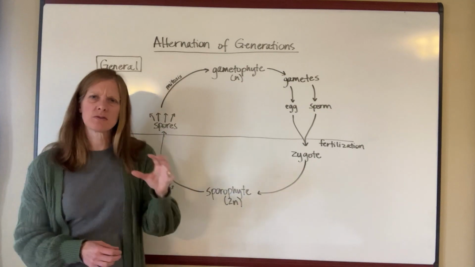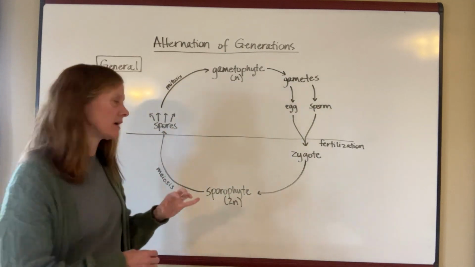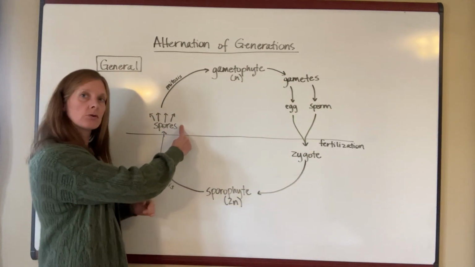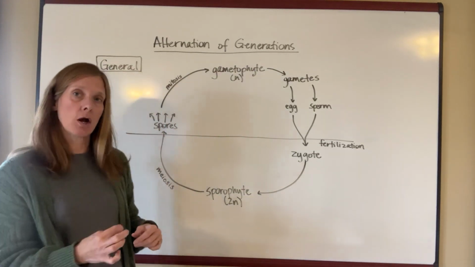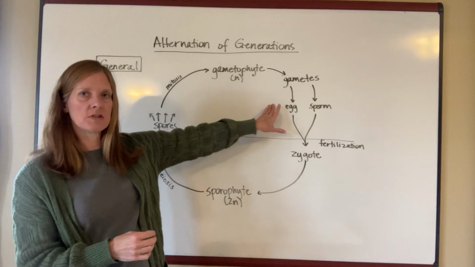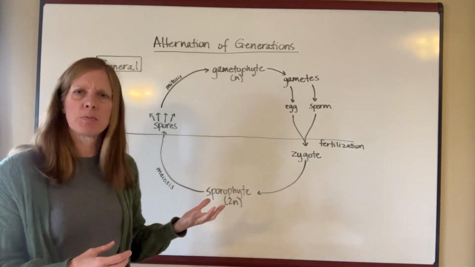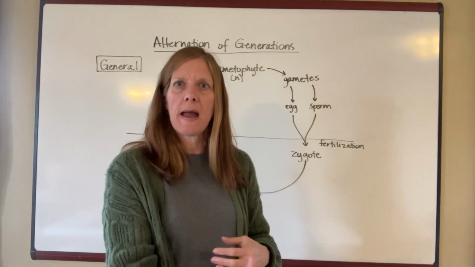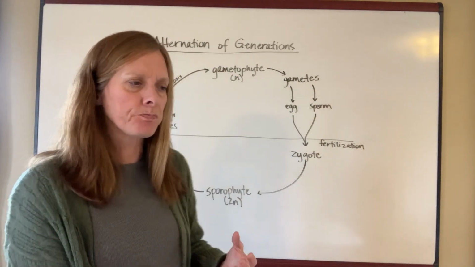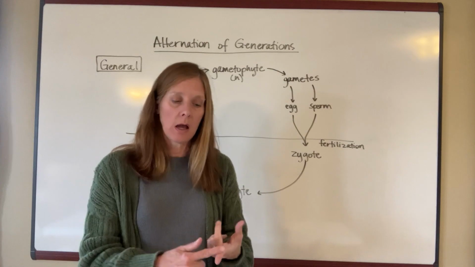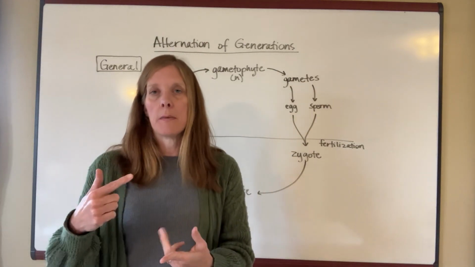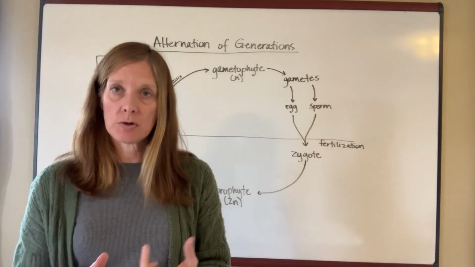And so it sounds funny initially, but the spores, as they grow and mature, are going to go through mitosis, not meiosis, to produce the egg and the sperm. How can that be? Because before we always said, well, you have to go through meiosis to produce an egg and a sperm. Well, that is the case if you start with a diploid cell: you have to go through meiosis to produce your gametes.